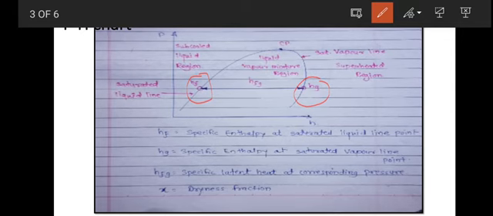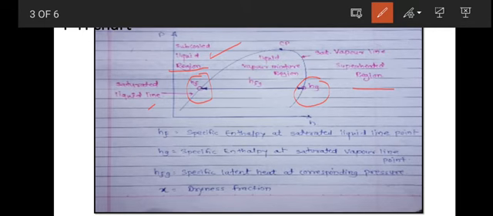Just like the superheated region at the right-hand side of the saturated vapor line, the left-hand side of the saturated liquid line is indicated as the subcooled region. That means liquid is available at the saturated line, but if we again decrease the temperature of that liquid, then we call it a subcooled liquid.